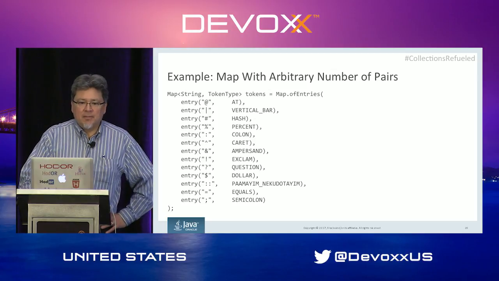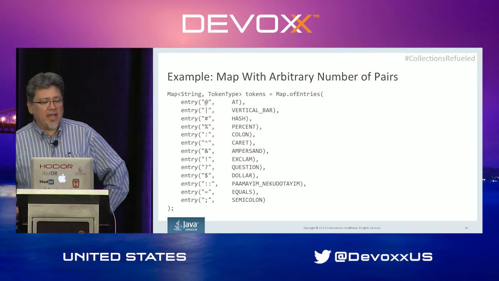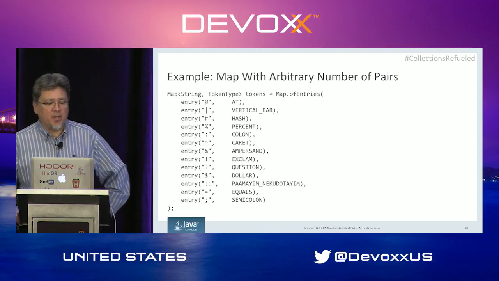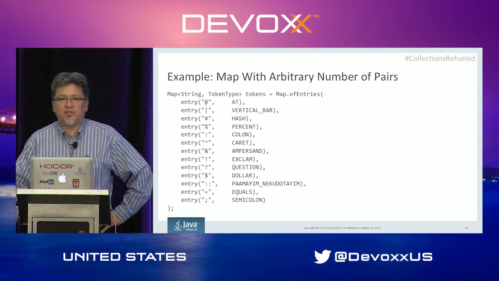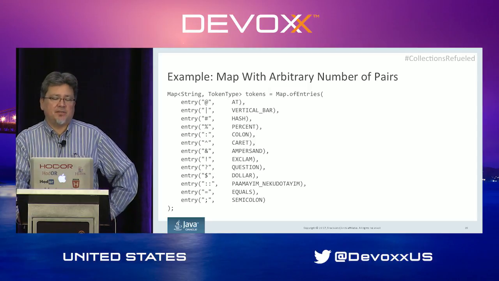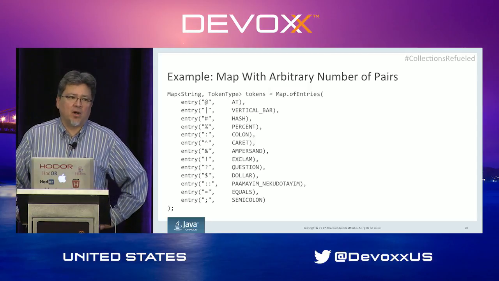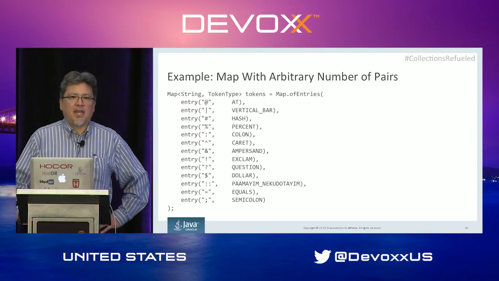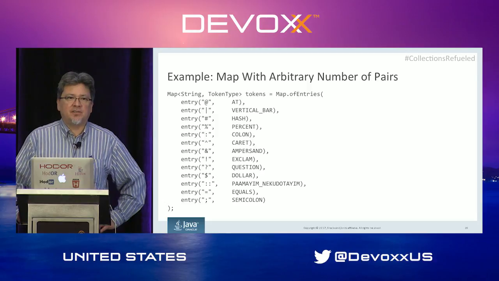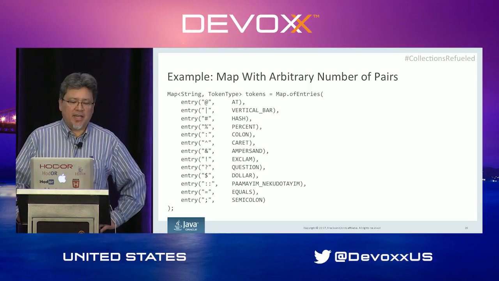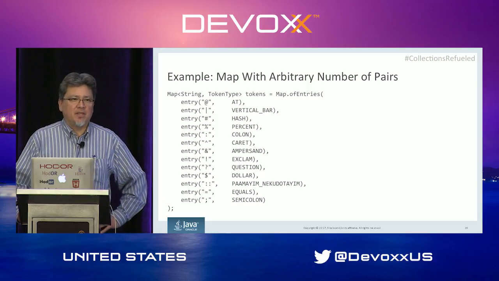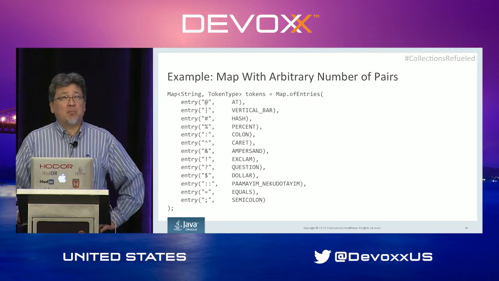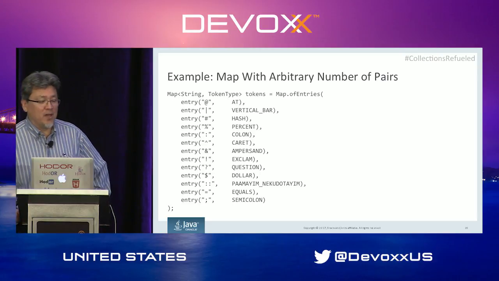So there's a variation here, which is if you wanted to create a map with an arbitrary number of pairs, then you have to switch over to this Map.ofEntries method, which takes a varargs parameter of map entries. Creating a map entry can be kind of complicated. The most common implementation of map entry is AbstractMap.SimpleImmutableEntry, which is quite a mouthful.